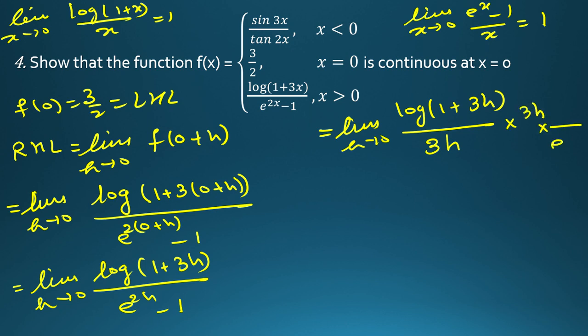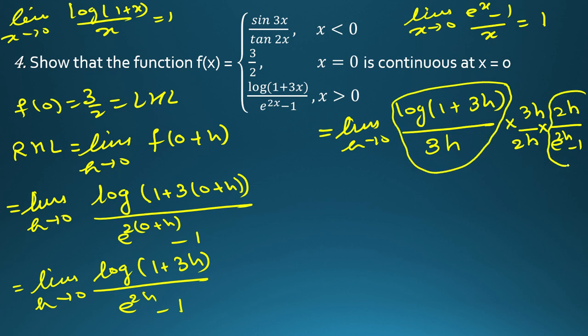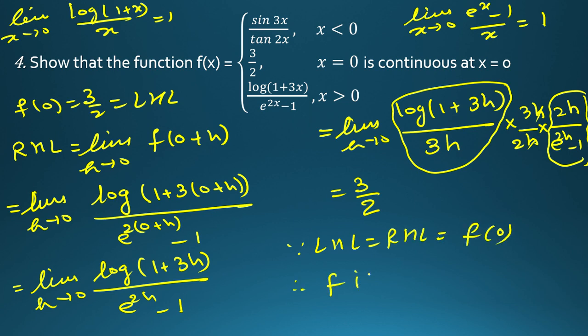Then in the denominator you have e to the power 2h minus 1, so we want 2h, and here also you will multiply by 2h. Now this expression will be 1 with the limit, this expression will be 1 with the limit. h is cancelled out, and again we are getting 3 by 2. So since LHL is equal to RHL is equal to f(a), therefore f is continuous at x equal to 0. Okay, like this you can finish this question.